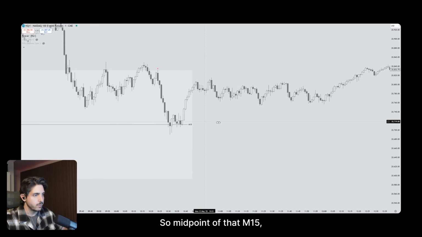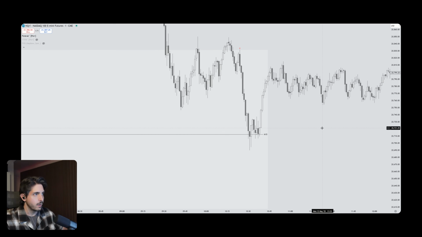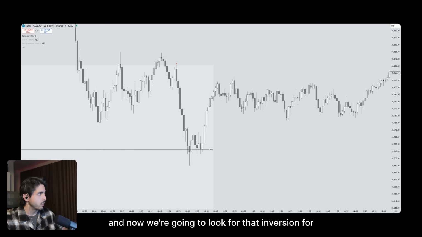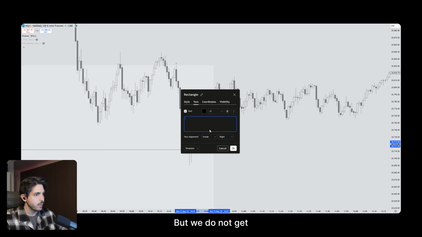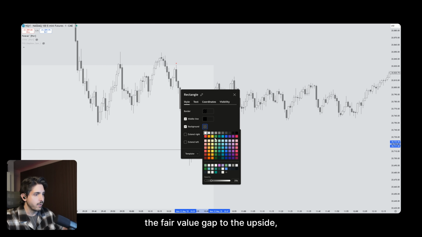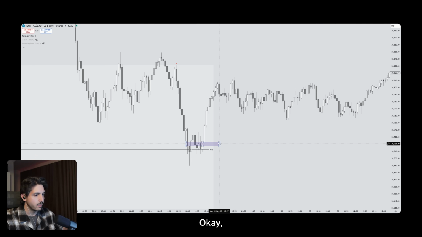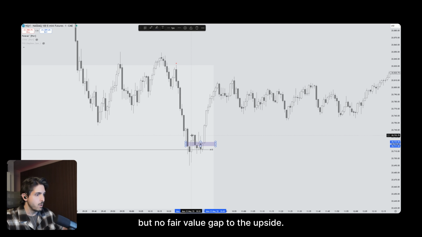So midpoint of that M15, we're holding it nicely. And now we're going to look for that inversion fair value gap, which happens here, right? But we do not get the fair value gap to the upside, sadly. Okay. So we have this M1 inversion here, but no fair value gap to the upside, right? So TMade model doesn't print.